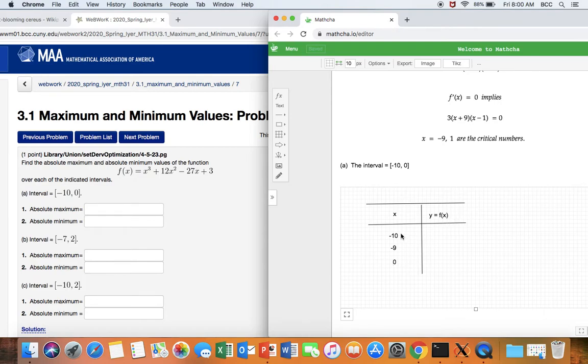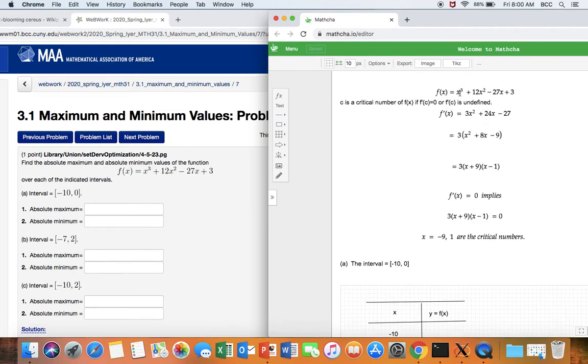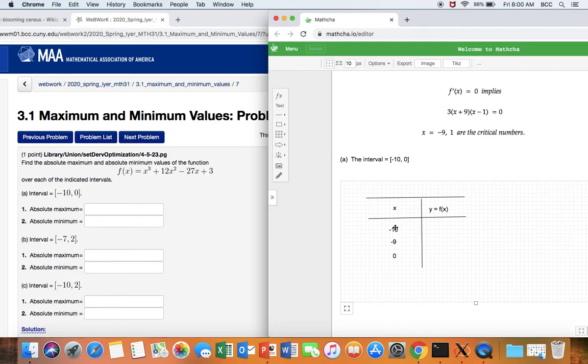Now you are going to substitute these numbers in f of x, f of x being this entire thing. All right. Substitute negative 10 in f of x. I've already done this work. So for negative 10, it is 473. And for negative 9, it is 489.